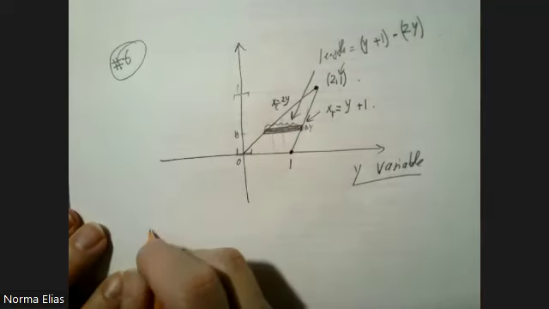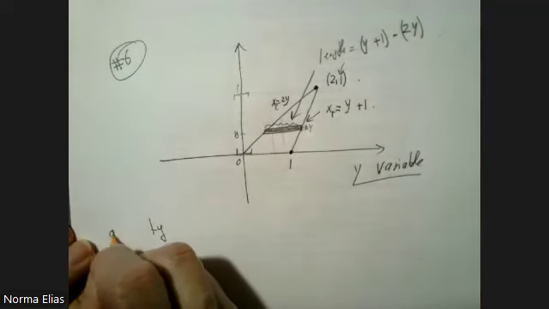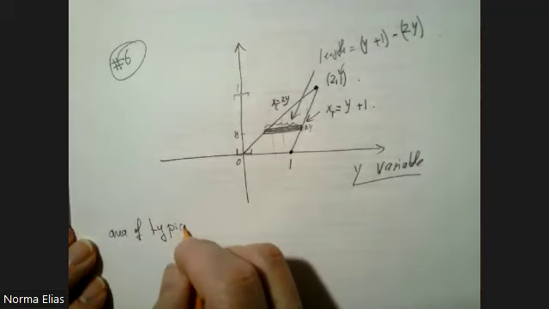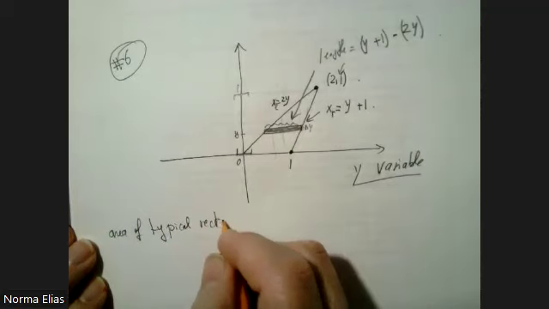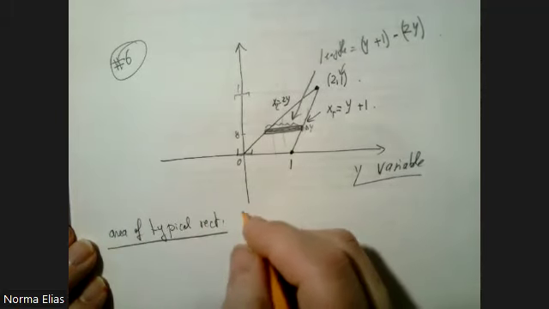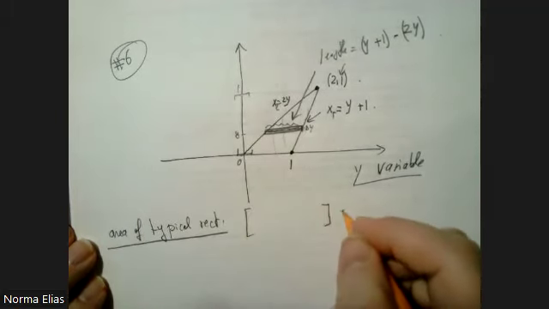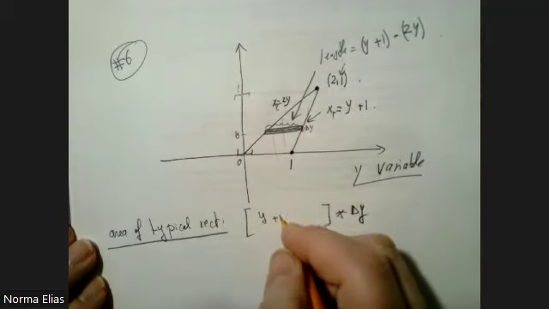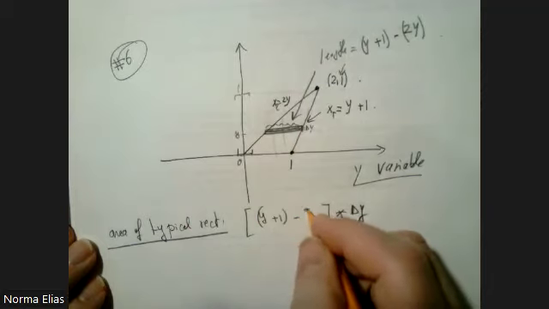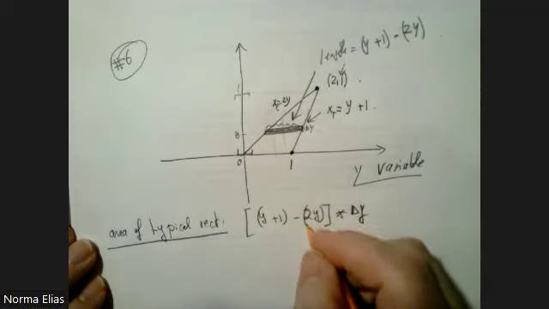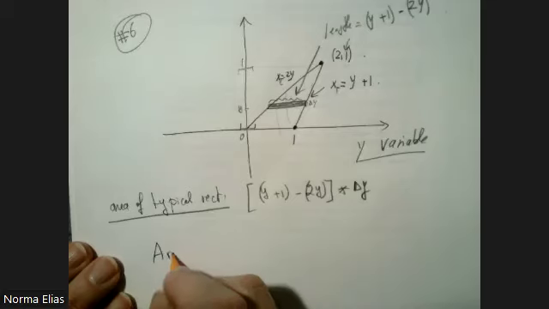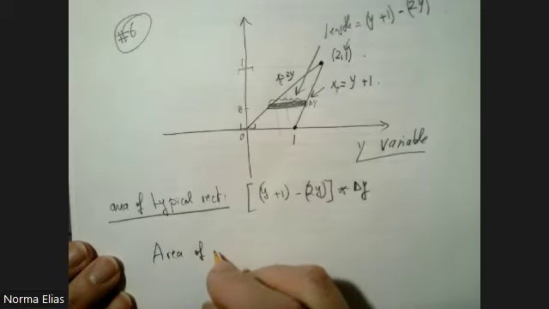So a typical rectangle, area of typical rectangle is the length times the width. That's the area. So the total area of the region, I'm going to skip the Riemann sum for that.